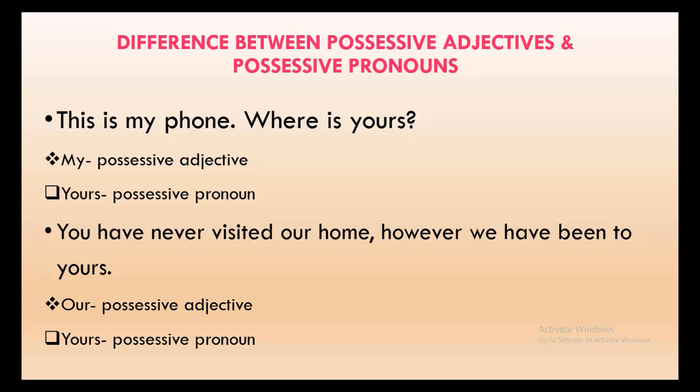See the second example. You have never visited our home. However, we have been to yours. Here, our is a possessive adjective while yours is a possessive pronoun. As I have already told you the criteria to guess the difference between possessive adjectives and possessive pronouns.